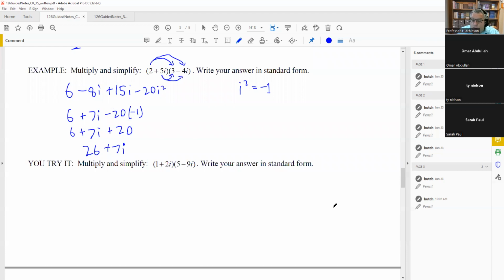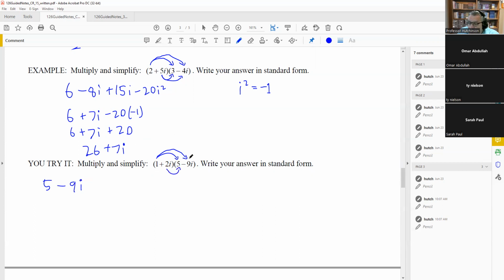Let's do another one of those multiplication ones right here. So we've got 1 times 5. We'll do that first. That's going to be 5. Then we have 1 times -9i. So we're going to get -9i there.